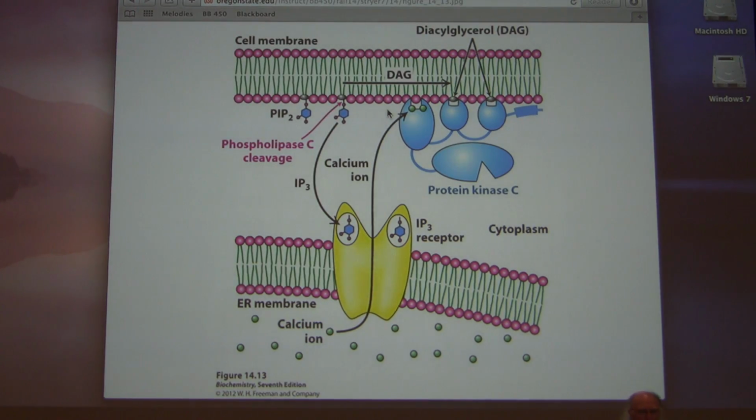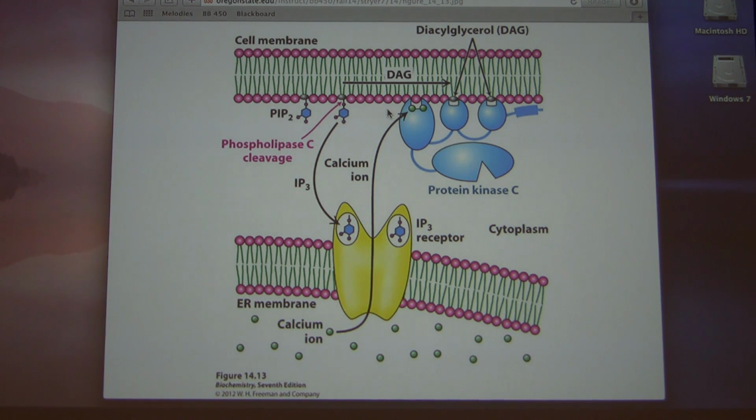All right? This depicts schematically what I just described to you. All right? Here's the membrane. Here's the PIP2 that you can see in the membrane with the attached inositol compounds. Okay? Activation of phospholipase C causes this IP3 to be released into the cytoplasm. Okay?